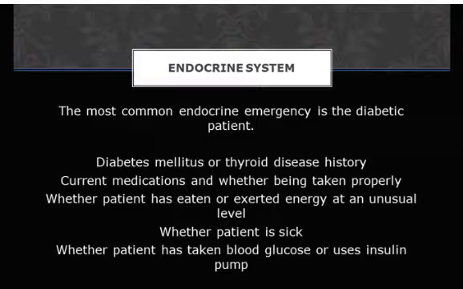Okay. So the most common emergency for this system is our diabetic patient. Okay. So diabetes and or thyroid disease would be something that we'd want to ask some specific questions. Now, when you're asking about medical history, do not say, do you have diabetes or anything like that? I had a student just yesterday ask that question, and the patient said, no, I don't have diabetes.